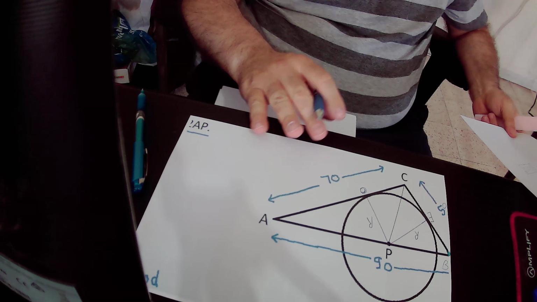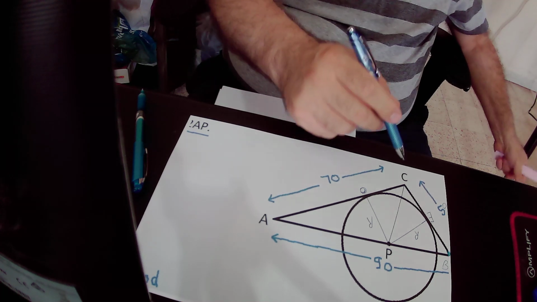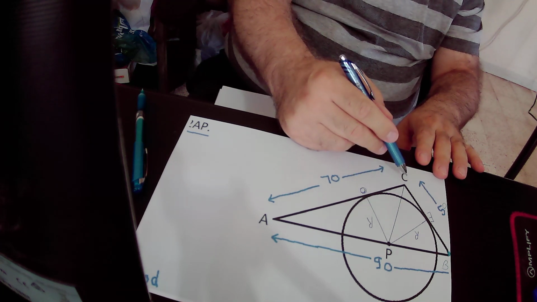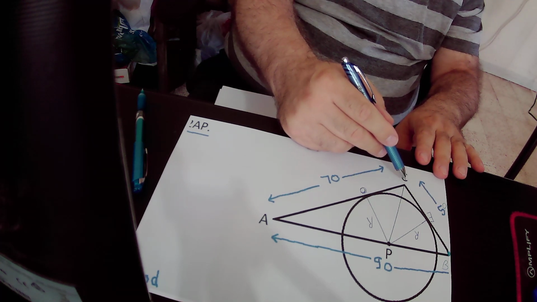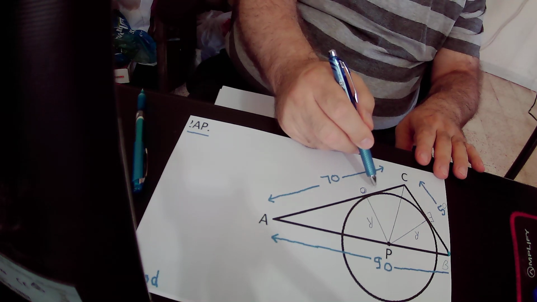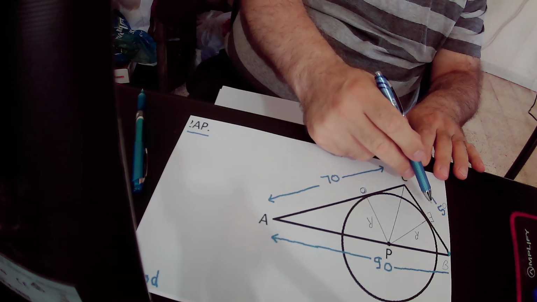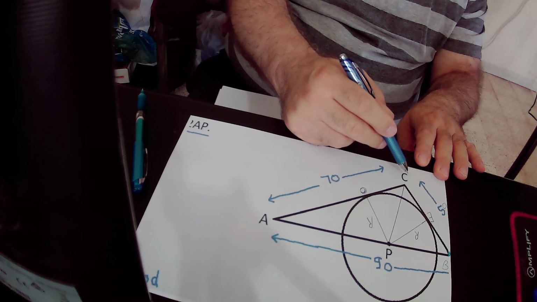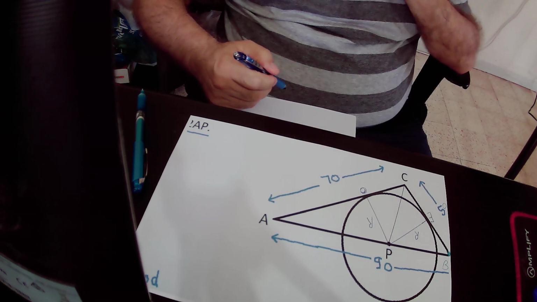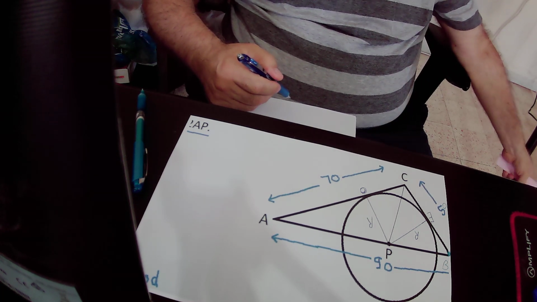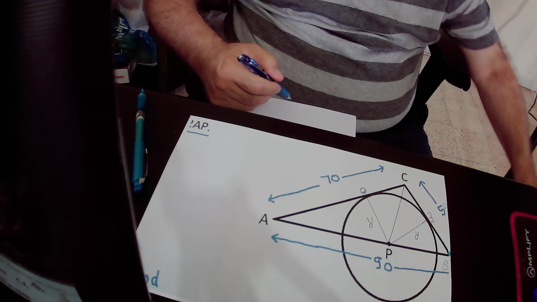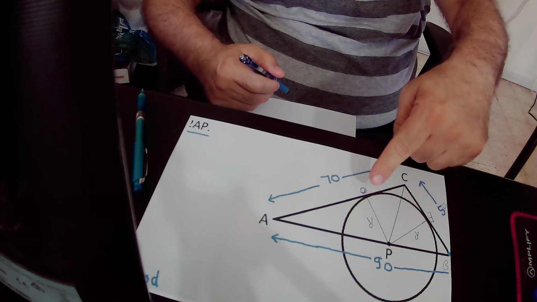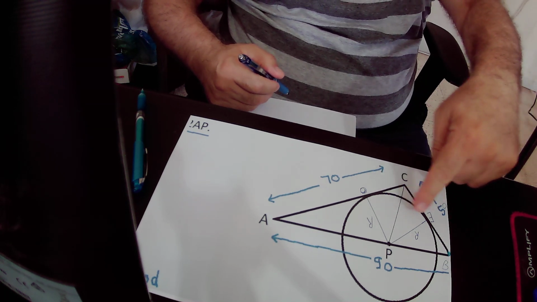According to the rule that I mentioned, whenever you have an external point of the circle, that is to say point C, and from point C you draw two tangents to the circle, then those two tangents are equal to each other. That is to say, CO is equal to CE. And also, as I have already said, PO is the radius of the circle, and PE is also a radius of the circle.